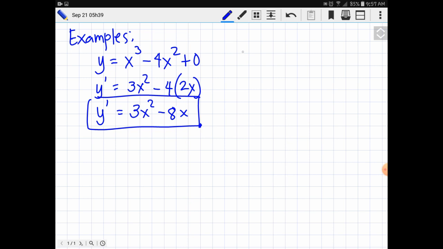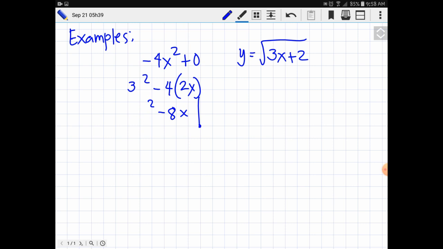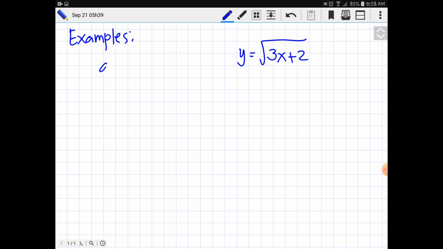Next, if we have y is equals to square root of 3x plus 2. By the way, before I discuss this example, I am going to introduce another technique for solving a function with a radical. The derivative of the square root of u would be equals to the derivative of u with respect to x all over 2 square root of u.